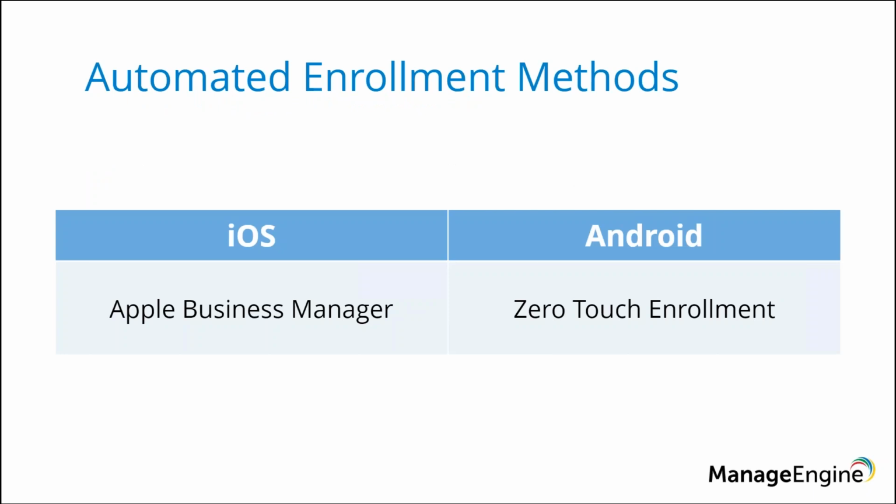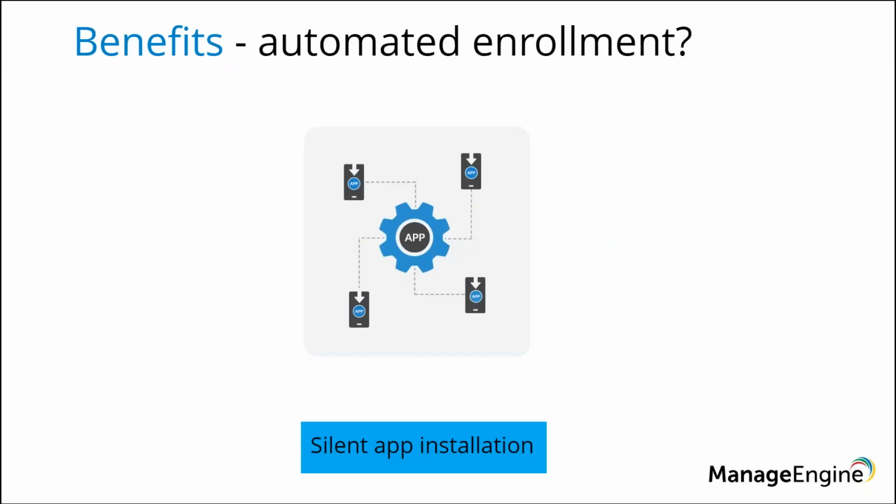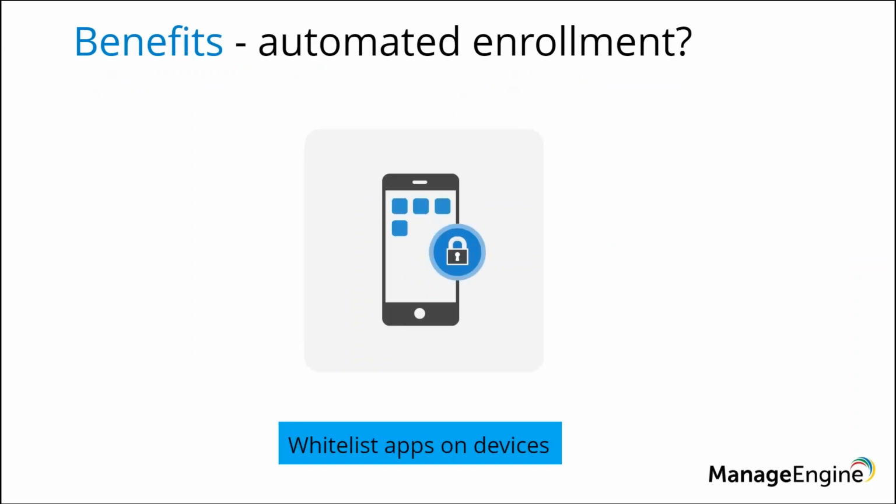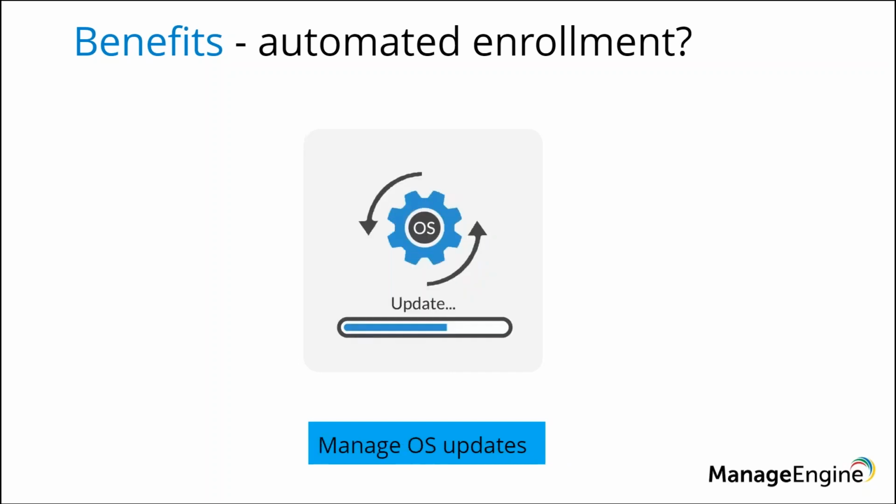So for iOS, we have our Apple Business Manager solution, and for Android, we have the Zero Touch enrollment. The benefits that come with these automated enrollments are you can silently install applications on your mobile devices, without any user intervention. You can whitelist just specific applications alone to run on your mobile devices. That is again an advantage that we provide with the automated enrollment methods.